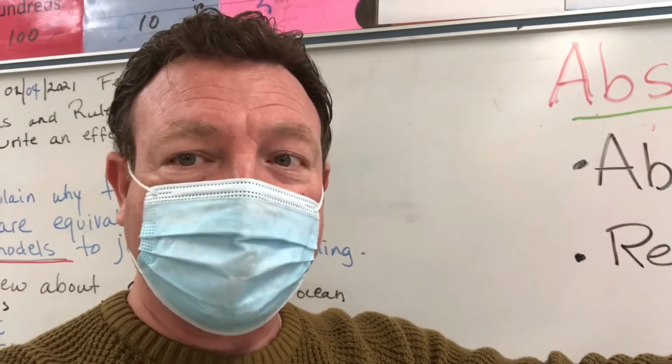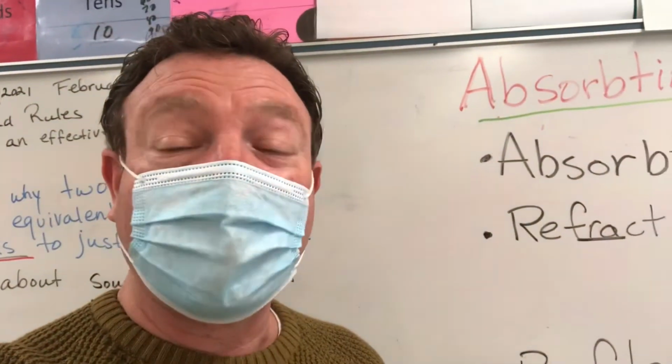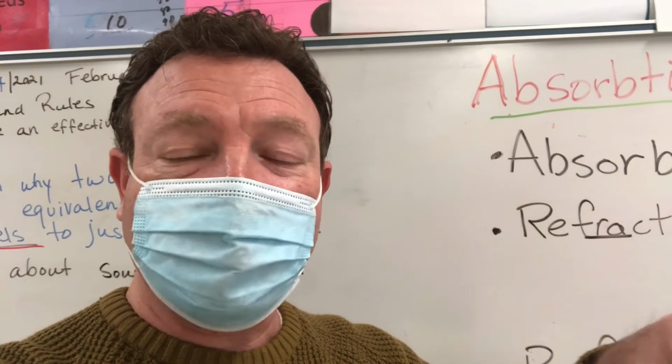Now, refraction. Remember when light went through a prism and it came out on the other side as different colors, okay? Or when we did the experiment or the demonstration that we stuck a chopstick or a pencil inside a glass of water and it appeared that the pencil was bent.